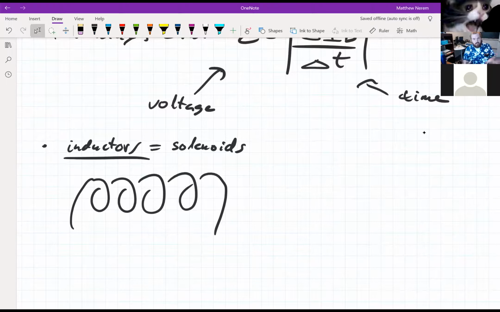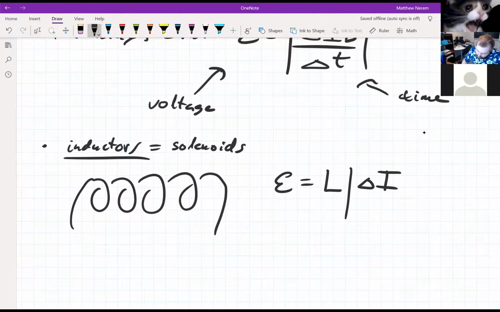It'll have some level of self-inductance. And you can say E goes as L delta I over delta T. All right. New equation. It is a direct result of Faraday's law, but we're glossing over the details of how to get there.